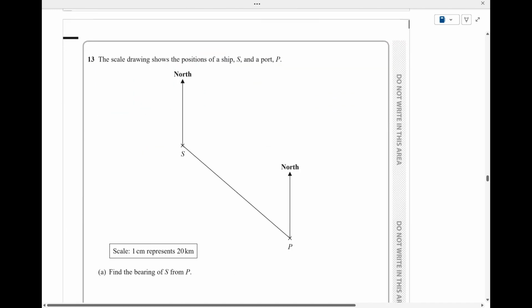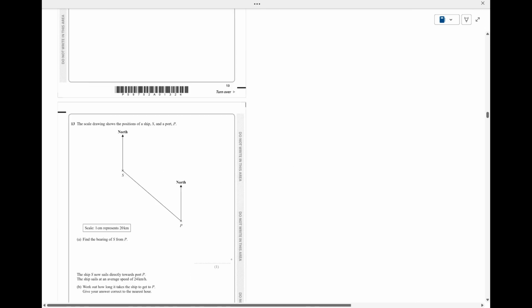Now, question 13, I'm not going to be able to do this because it all needs scale drawing and measuring, but I will tell you the answers because I've got the mark scheme in front of me here.